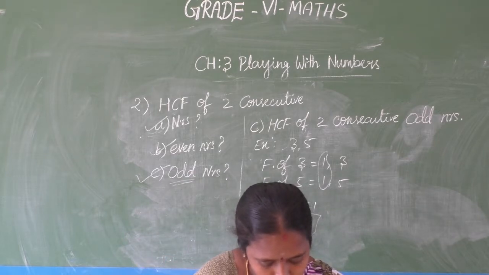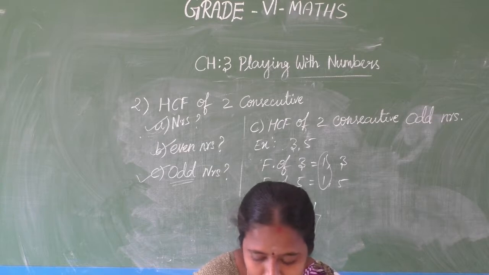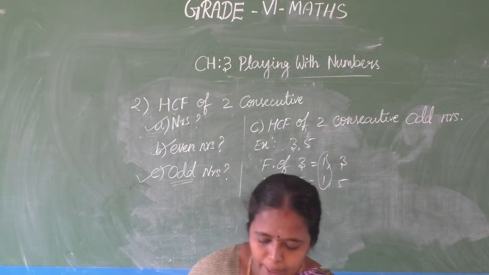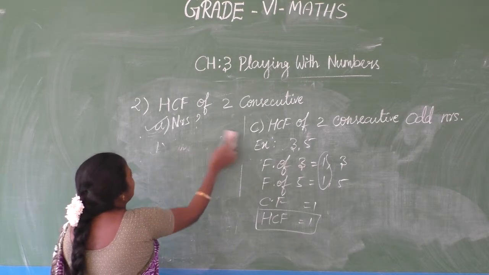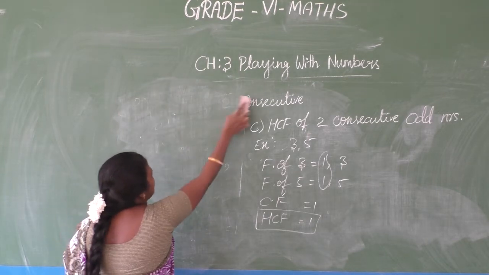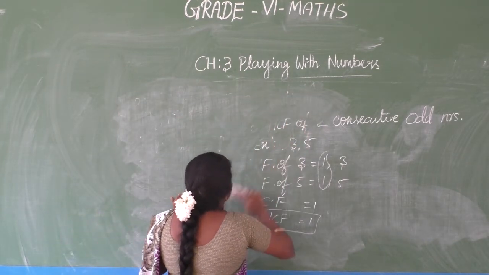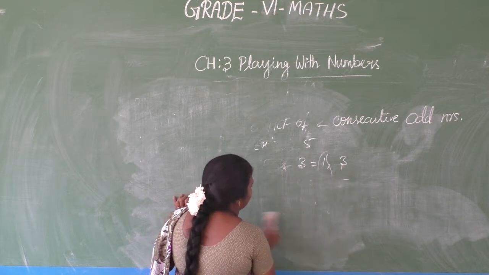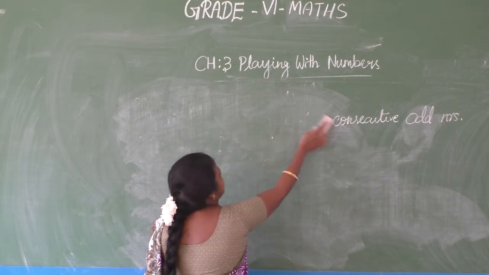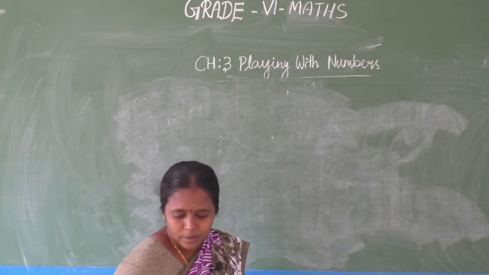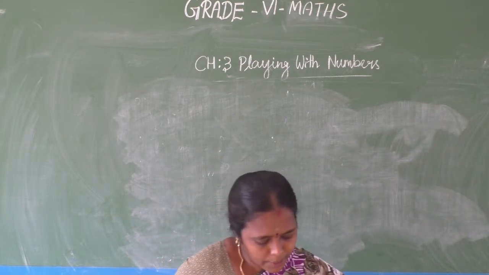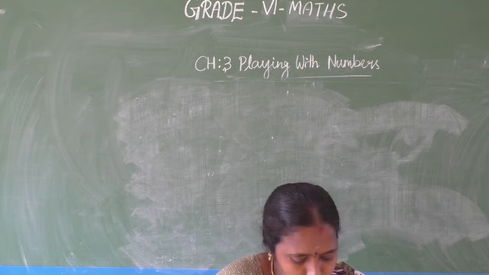Then we will see about LCM, least common multiple. What is that? Least common multiple. About that only, exercise 3.7 is also given. See the definition of lowest common multiple.